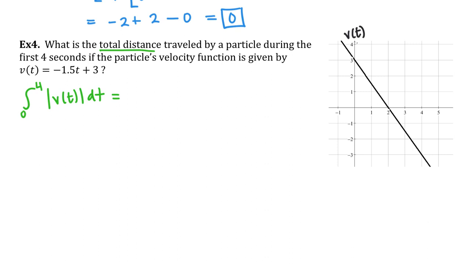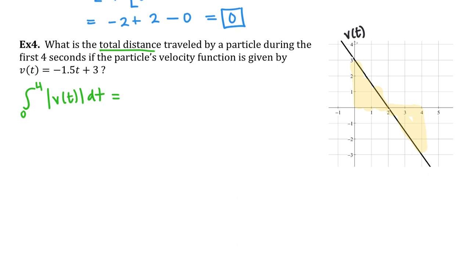From 0 until 2, I can see that the displacement is all positive, which is what I want. However, once I get from 2 to 4, the displacement is all negative. I want that to be positive. So I need to evaluate my integral both ways.